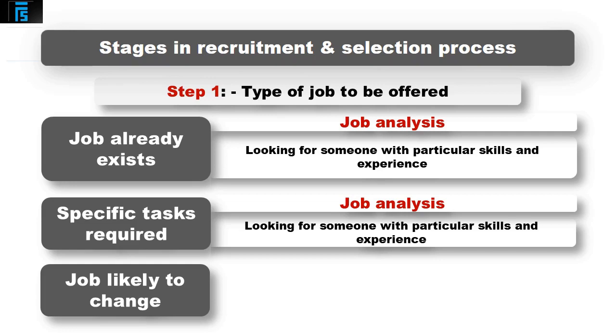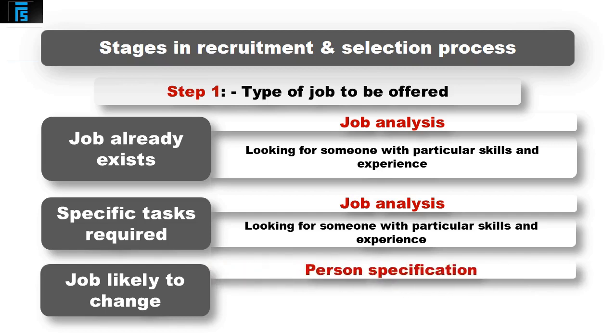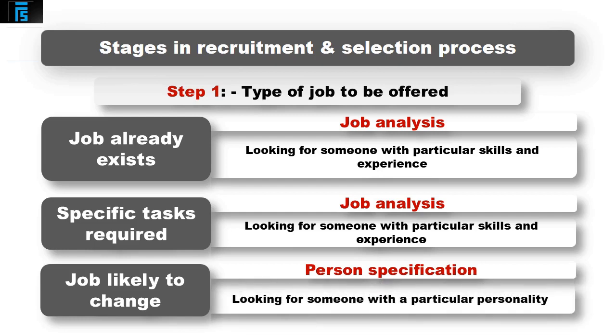Now, if that's the sort of thing you're going to look for, then what's better is to do what's called a person specification. So a job analysis, here are the tasks we want you to do. A person specification, we will get the right personality and worry about what the tasks are later on. The tasks may even change quite a lot, so as long as we've got the right person, they will be able to do whatever tasks we ask them to do.